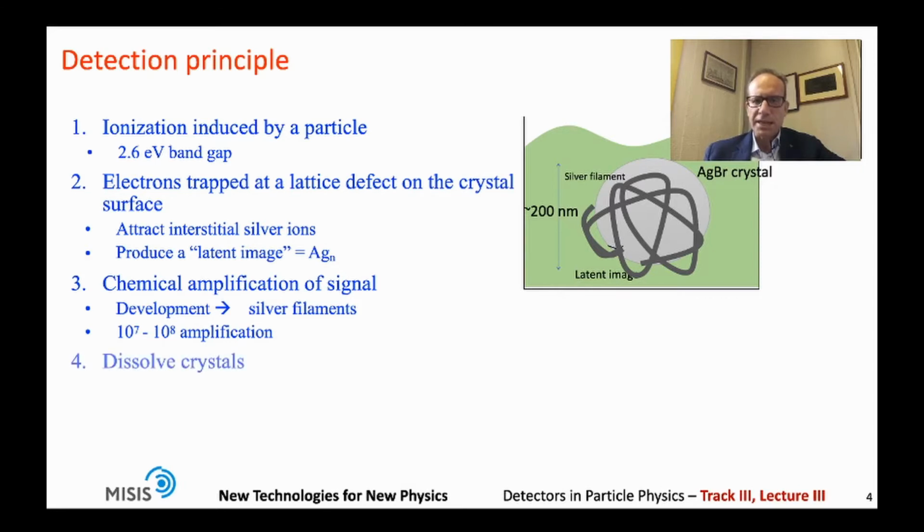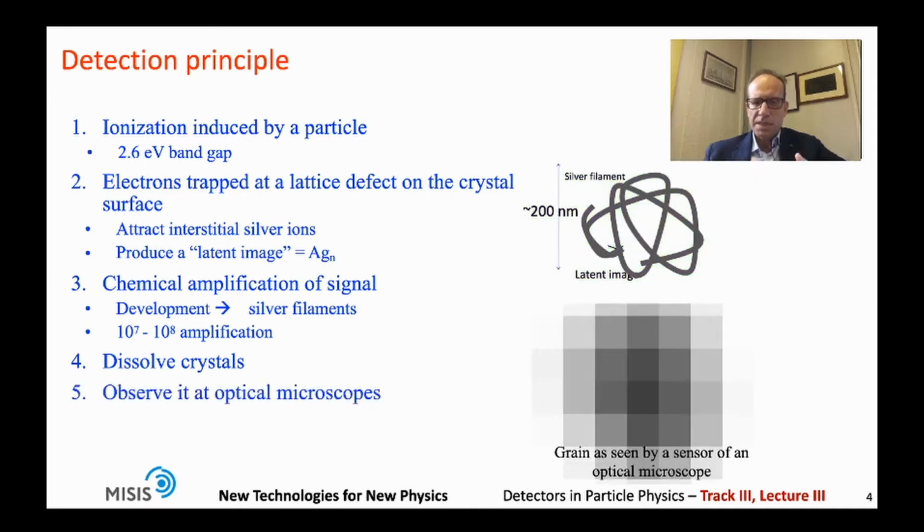And then at the end you dissolve the crystal in the bath and you see this silver filament as a cluster made of several above-threshold pixels when you take an image with a sensor of an optical microscope.